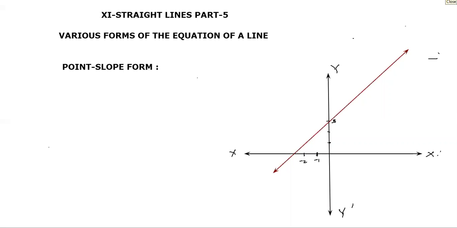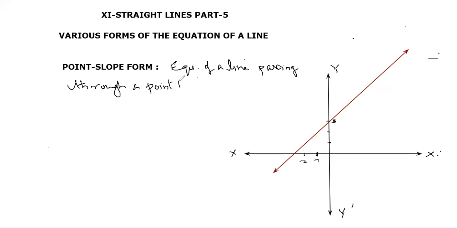Now, point slope form is the equation of a line passing through a point whose coordinates are given, say P with coordinates x1, y1.